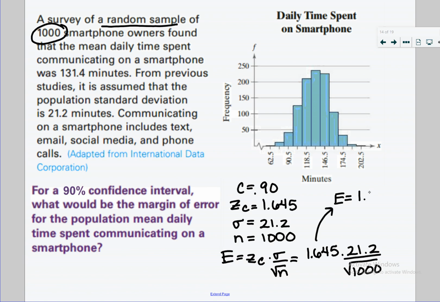So it's going to be 1.1 is the margin of error. Okay. And just the positive value is good for that for now.